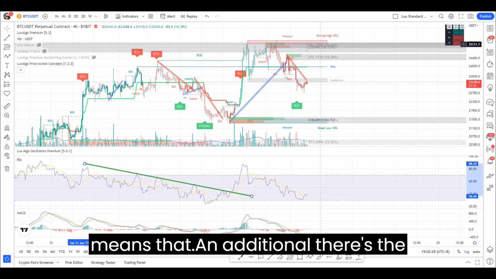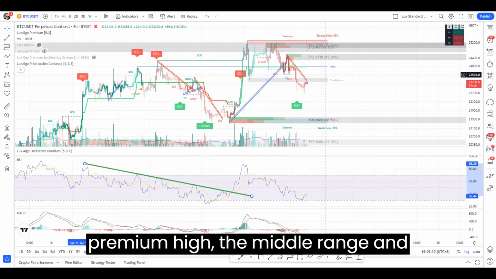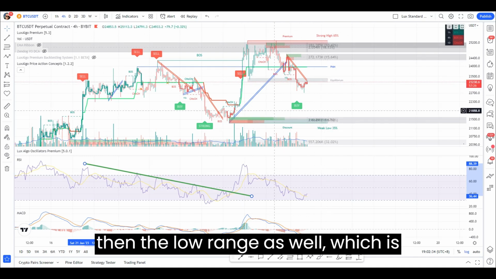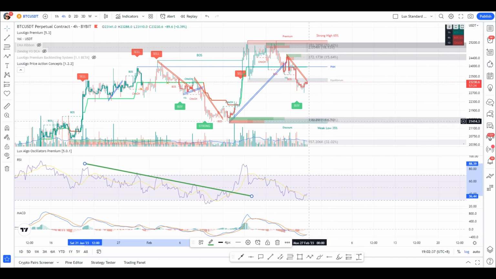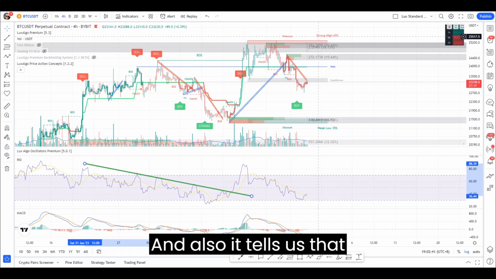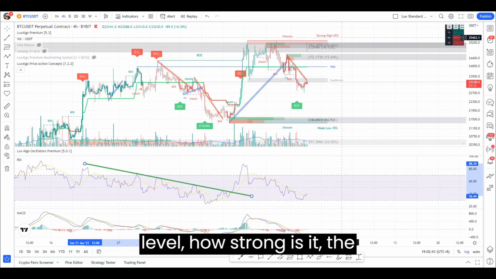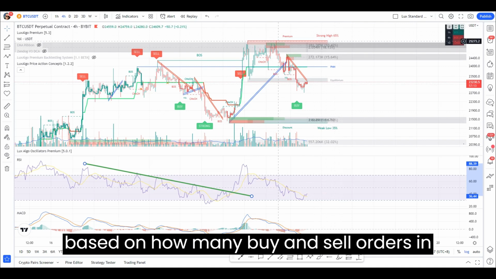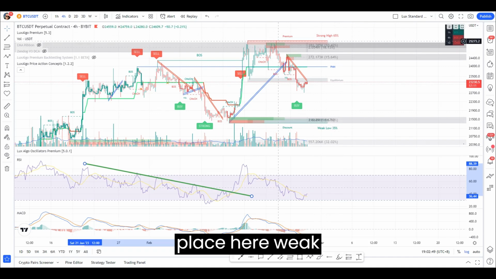That means there's the premium high, the middle range, and then the low range as well, which is pretty much the bottom end where we can expect again a turn back. And it also tells us the level, how strong it is, a strong high, a weak high. Again, that's based on how many buy and sell orders are in place here.